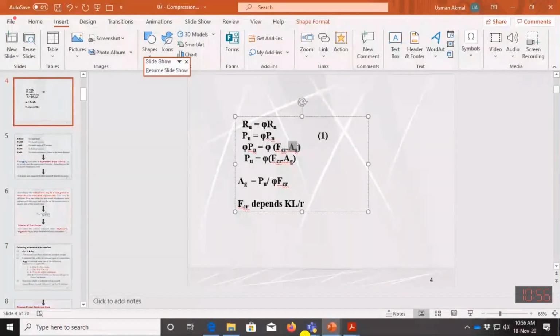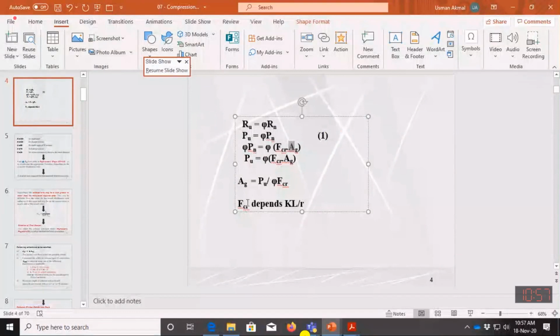If we know the designation or type of the section, we know the gross area. If we know the phi c Fcr value, we can determine the capacity of that section. It means that the capacity is a function of the phi c Fcr value, which is not given, but we know the gross area.